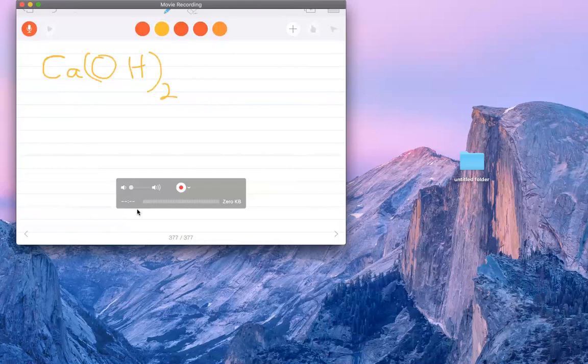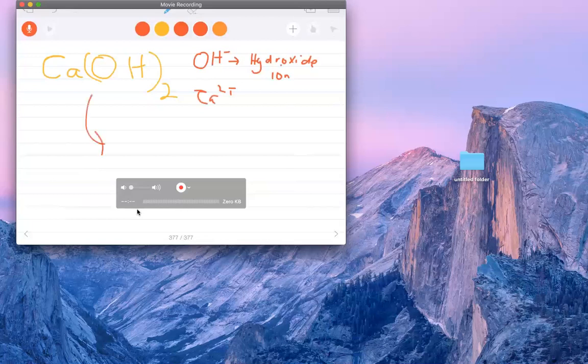All right. This right here is called hydroxide ion. And this one right here is calcium hydroxide. Thank you. Oh, yeah, somebody got it.